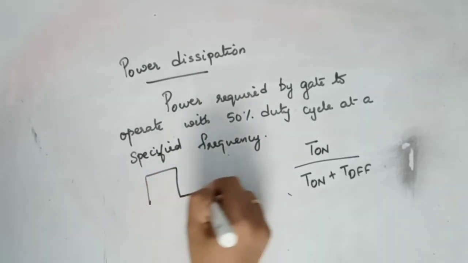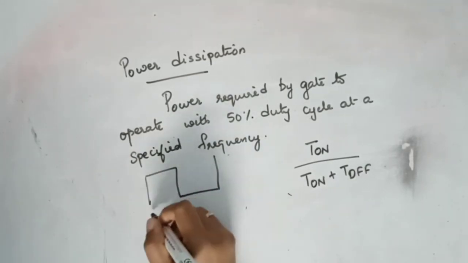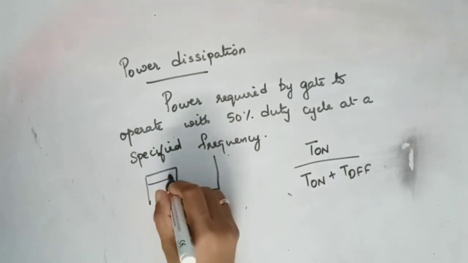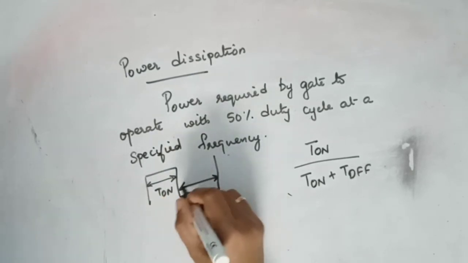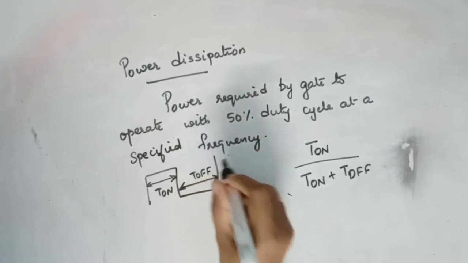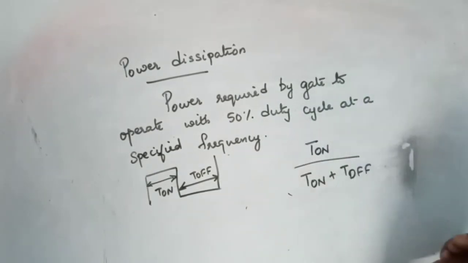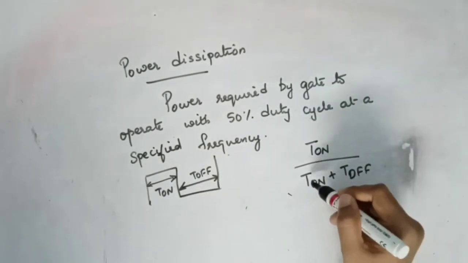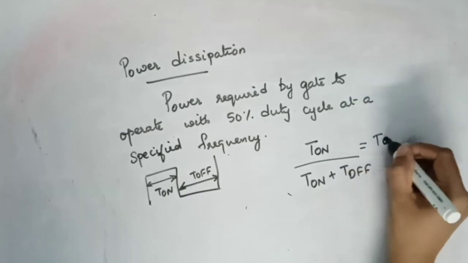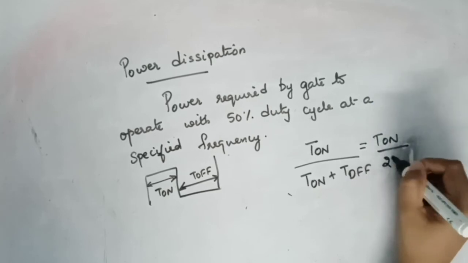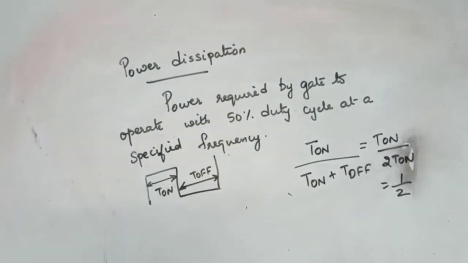That is, suppose this is my input or output, this is my high or on, and this is my off. So this divided by the total time is called the duty cycle. 50% duty cycle means T on is equal to T off. So you get T on divided by T on plus T off equal to 1 by 2. That's why it's called 50% duty cycle.